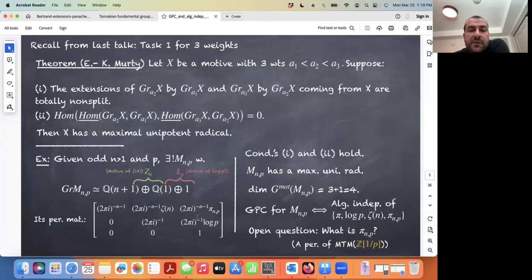Grothendieck's period conjecture would predict that the transcendence degree of the field generated by the periods is 4, which is to say that these four, pi, zeta, log p, and this more mysterious period, should be algebraically independent. And the question of what this mysterious period is, is a very interesting question that we don't know the answer to.